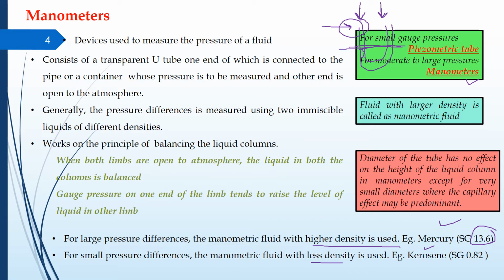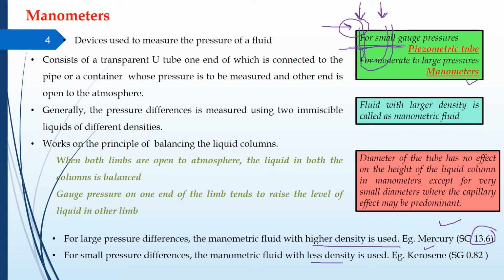Another most important aspect is that the diameter of the tube has no effect on the height of the liquid column, except in cases where the diameter is very small, where the capillary effect may be predominant. This capillary effect may lead to an increase in the height of the liquid level in your manometers.